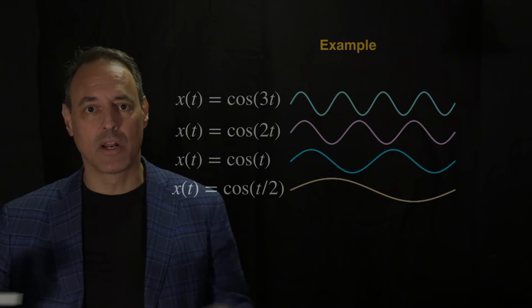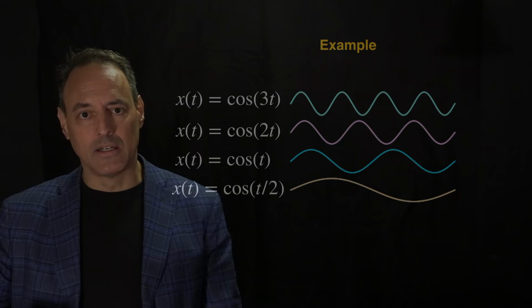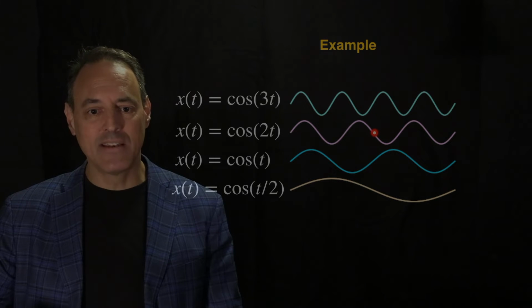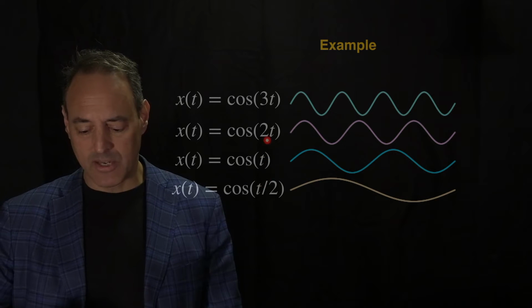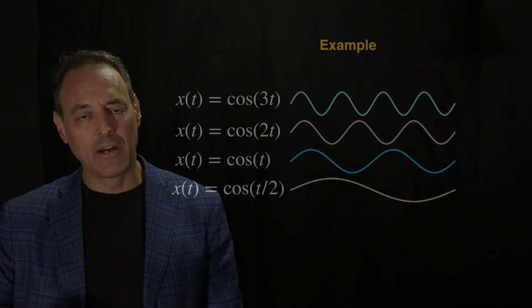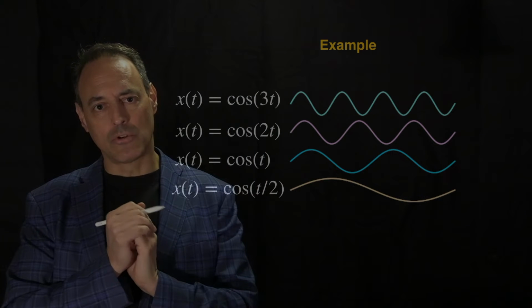So essentially what I've done is sped up time, or made this thing compressed. Cosine 2t gets compressed yet again. Cosine 3t compressed even more. In fact, if I take a continuous time signal and just keep increasing this integer, I'm going to get higher and higher oscillations. In other words, I'm compressing these oscillations into shorter and shorter time bins.